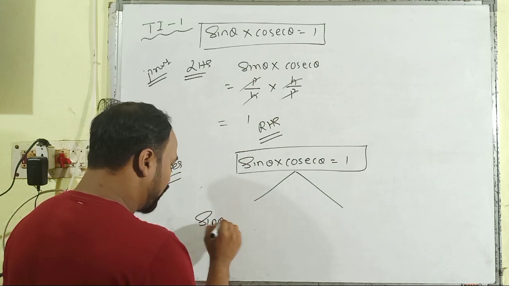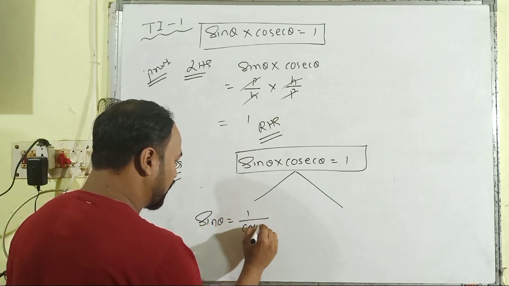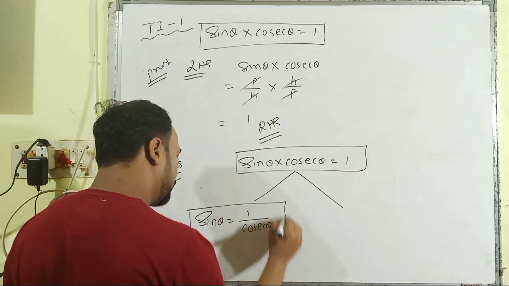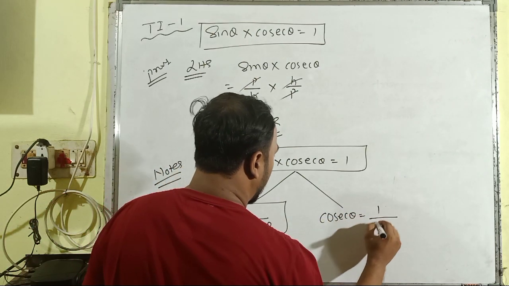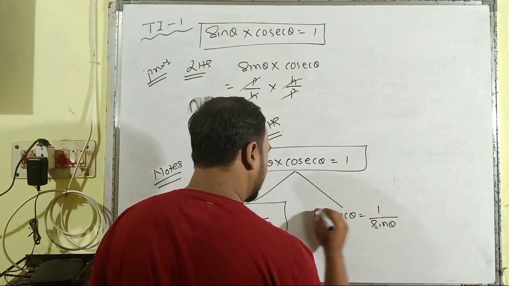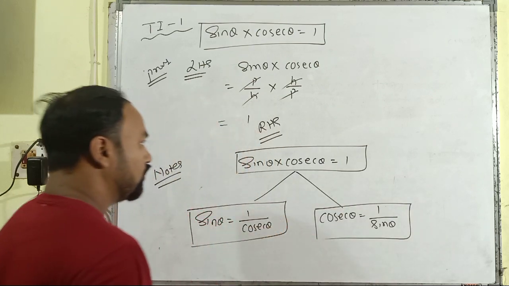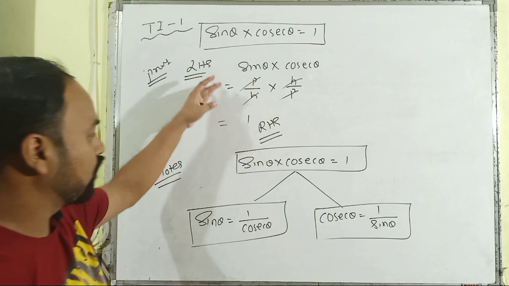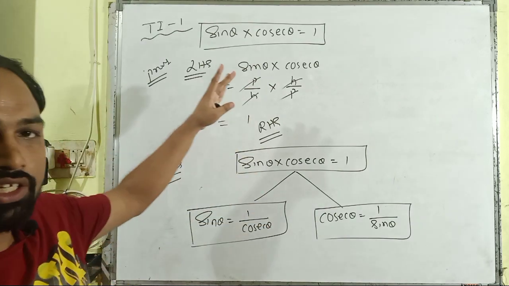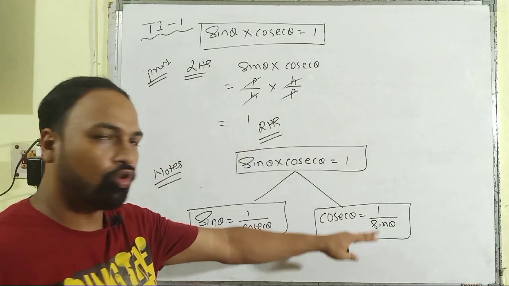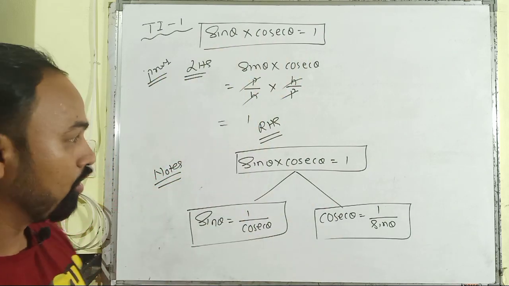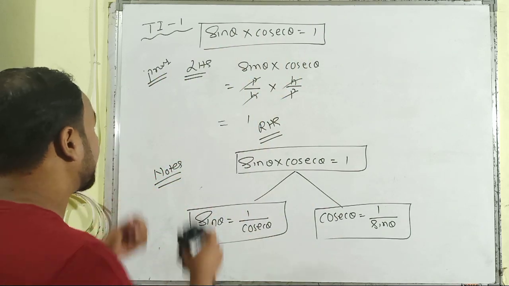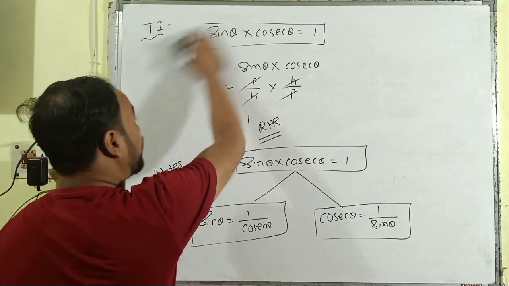So sin theta will be 1 upon cosec theta, then cosec theta will be 1 upon sin theta. So it is the complete discussion of the first trigonometric identity, and there are some extra formulas based upon it. Then let us move forward to the second trigonometric identity.